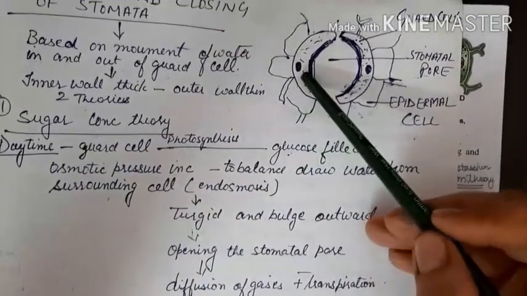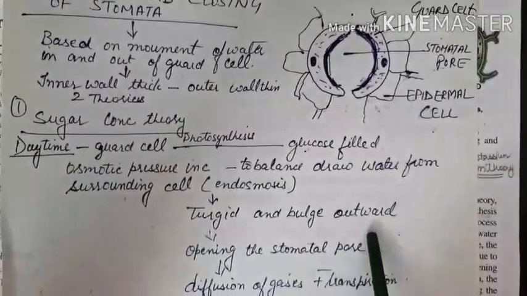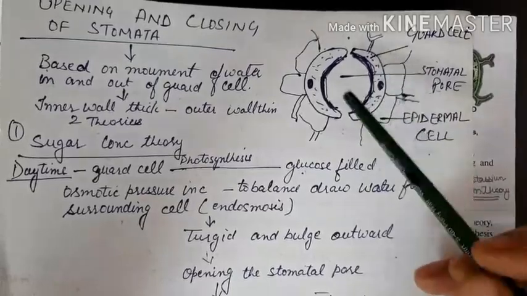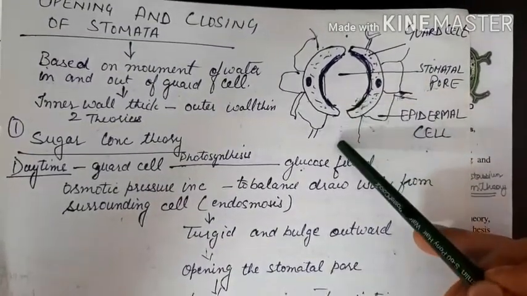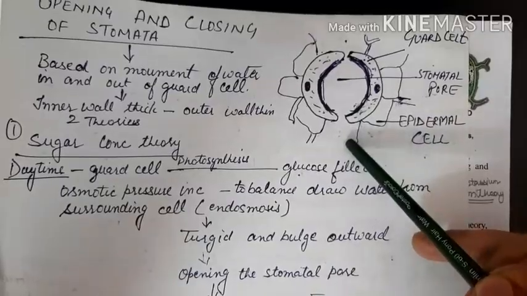When the water moves inside the guard cells, they become turgid and bulge outward, and this makes the stomata open. When the stomata open, diffusion of gases and transpiration occur.